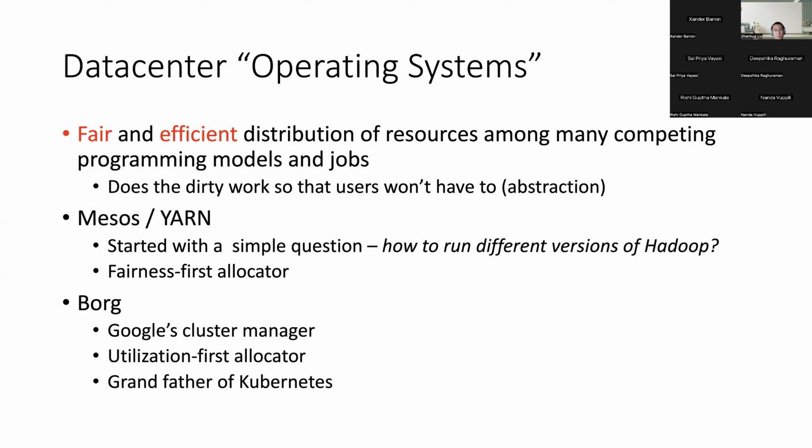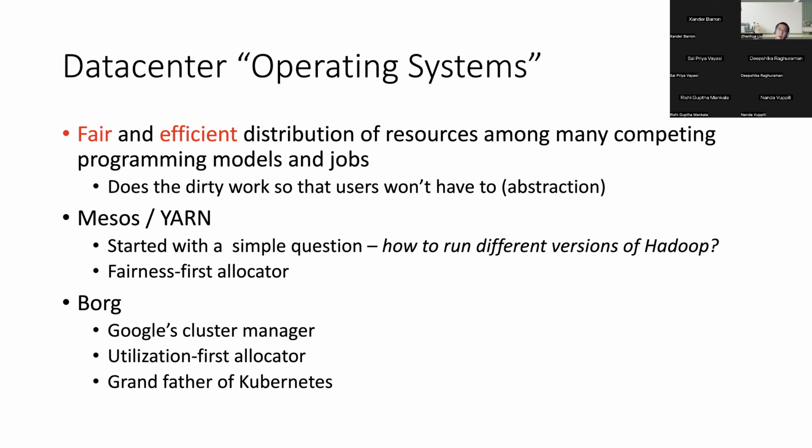So the goal of those operating systems is to do fair and efficient allocation of resources among multiple programming models and jobs, right? So again, it's an abstraction. They do all the dirty work, so you don't need to worry.